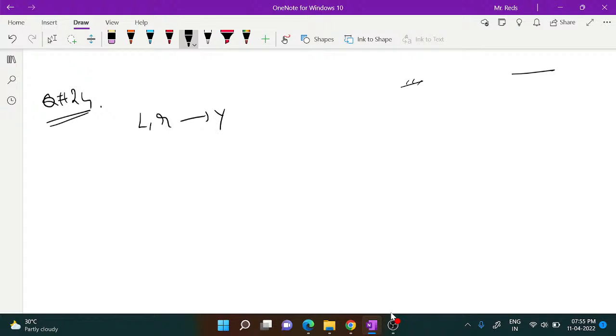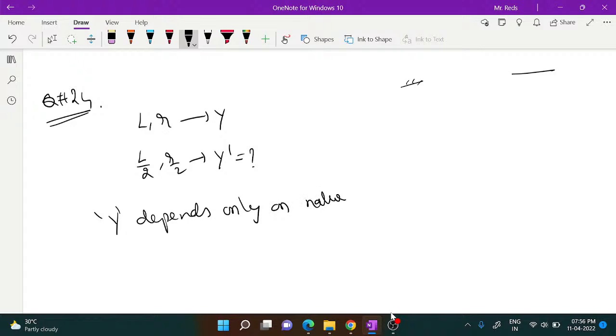If the length of this wire is reduced to L by 2 and radius to R by 2, then what is the Young's modulus? Let us say Y dash is equal to what? Options are given as Y by 2, 2Y, Y and 4Y. What you have to understand here is that Young's modulus depends only on the nature of the material of the wire.